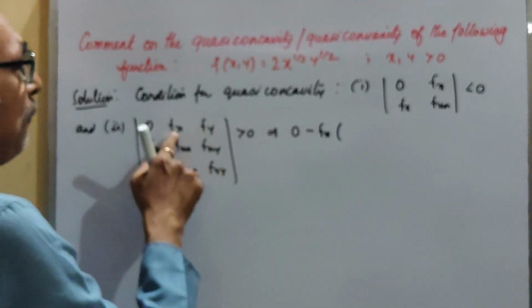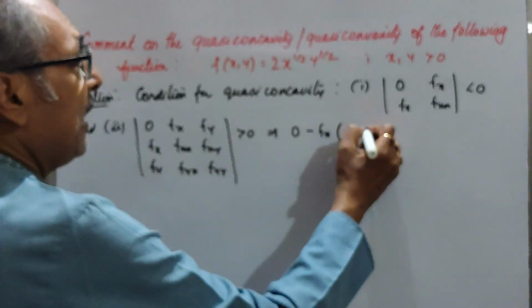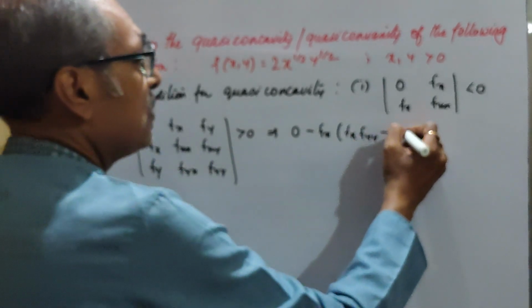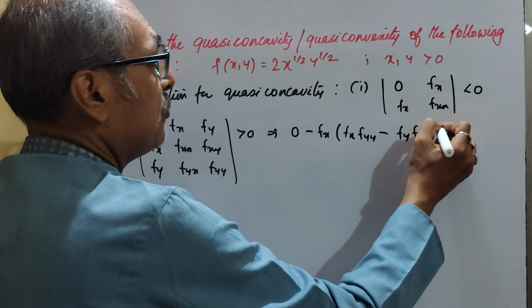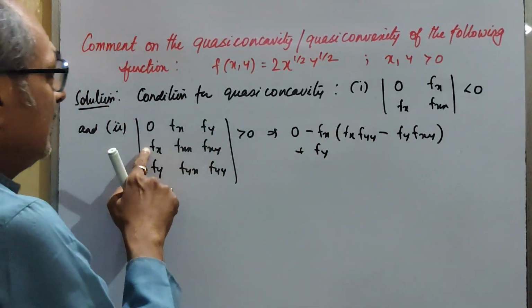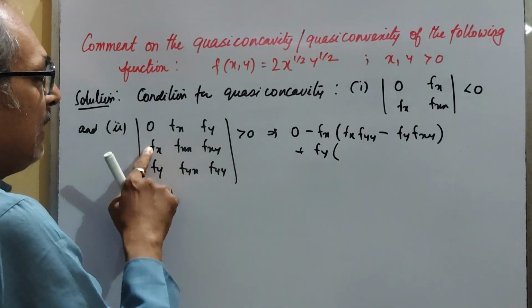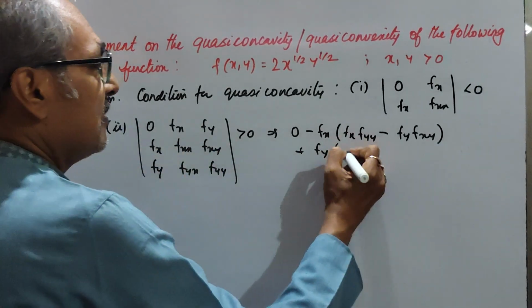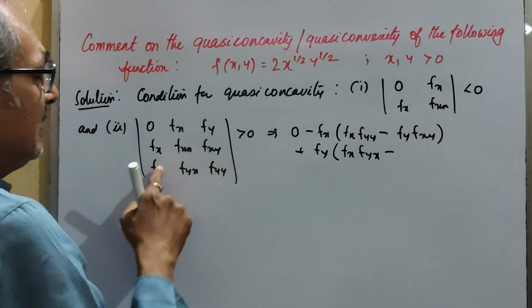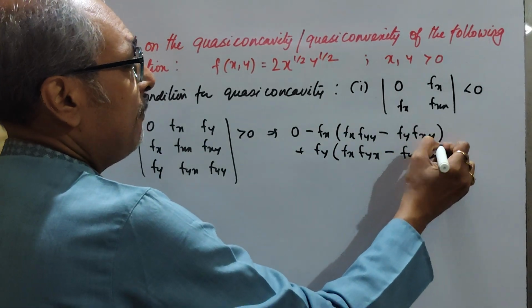Then minus fx into (fx into fyy minus fy fxy), then plus fy open bracket fx into fyx minus fy into fxx.